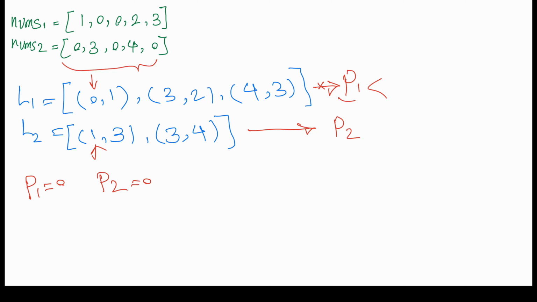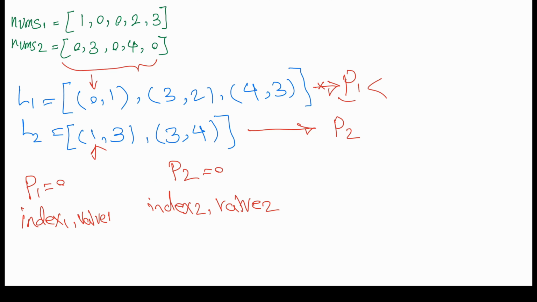With this we read index 1 and value 1, and index 2 and value 2, and then we can check these two indexes against each other. If they are equal to each other, we can multiply value 1 and value 2 and add them to the result.